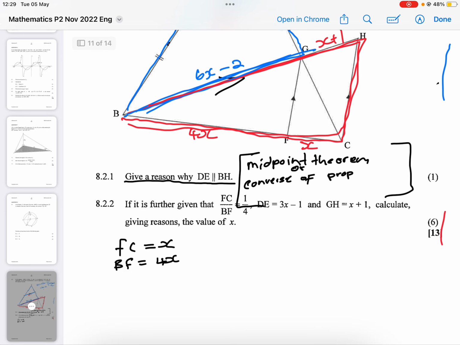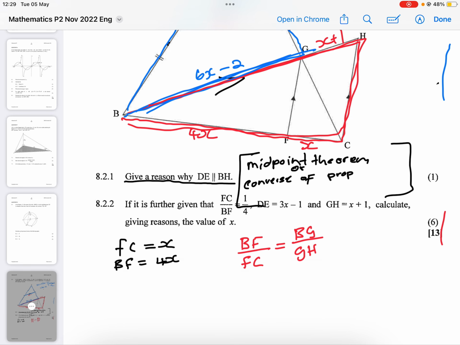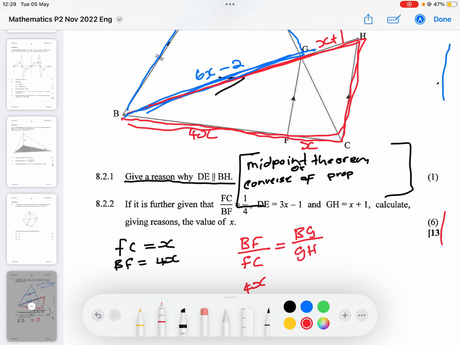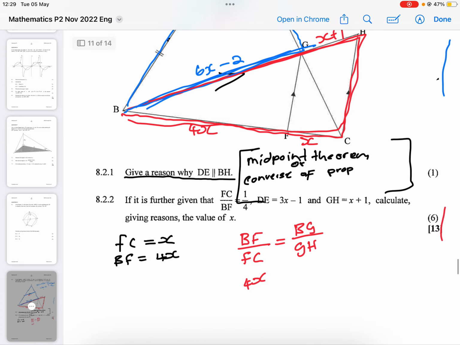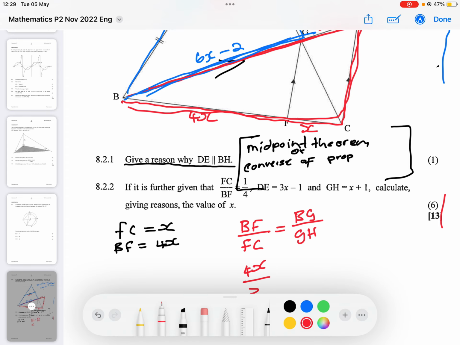I can say BF divided by FC is the same as BG divided by GH, according to the proportionality theorem. Now I'm going to substitute. My BF is 4x, and my FC is x.